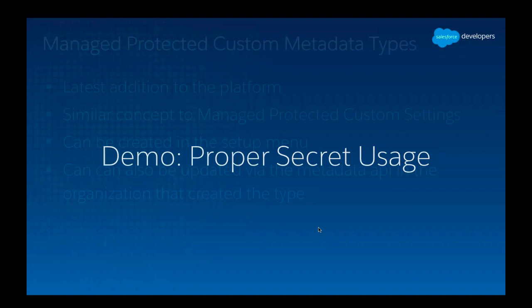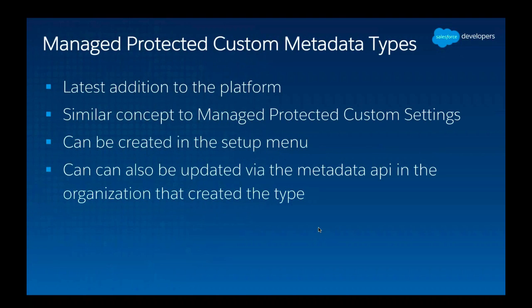All right. The last thing I'm going to cover, not in detail right now because of the lack of time, is a very new method. You can also store secrets in managed protected custom metadata types if you don't want to use managed protected custom settings for some reason. This is a very similar concept to managed protected custom settings. I just want to touch on it because it's a latest addition to our platform.